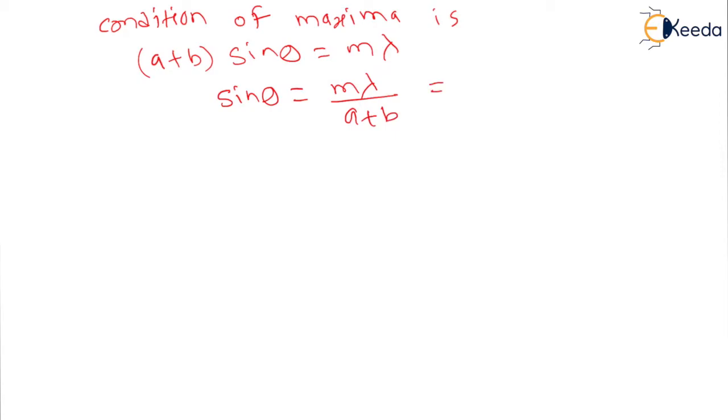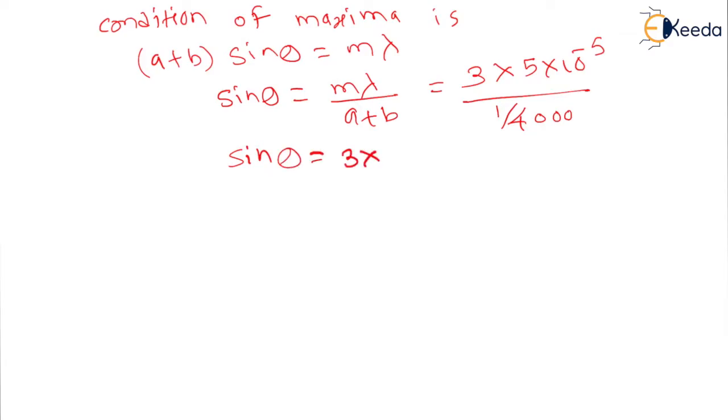Now what is m? The order given, it is 3, into the wavelength given, that was 5000 angstrom, that is you can say 5 into 10 raised to minus 5 centimeter. Now what is A plus B? It is 1 upon 4000, right? So this 4000 will go up and your sin theta would become 3 into 4000 into 5 into 10 raised to minus 5.